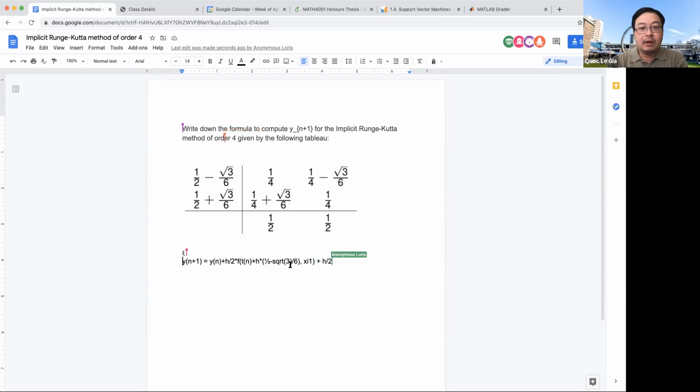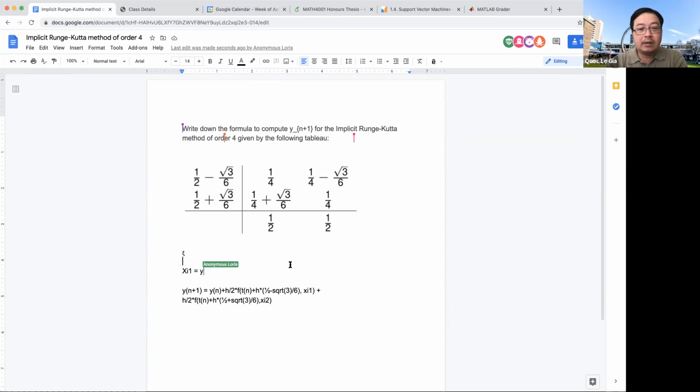And then h over 2 f of tn plus h times 1/2 plus square root 3 over 6, yeah. Xi2, yes, exactly. So how about xi1 and xi2?